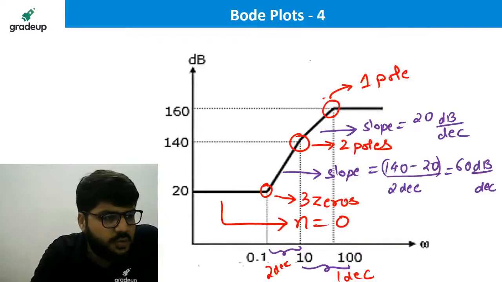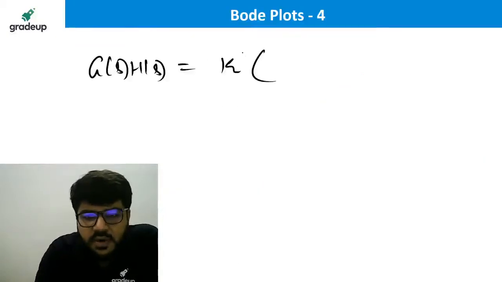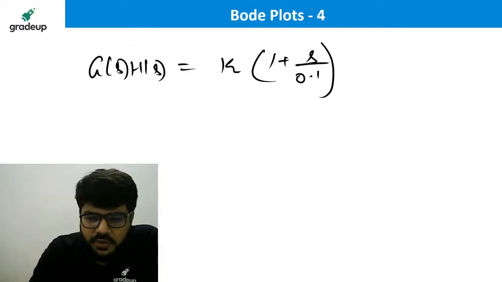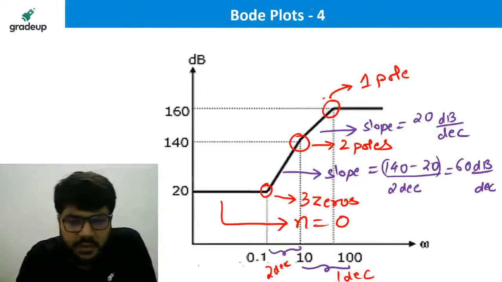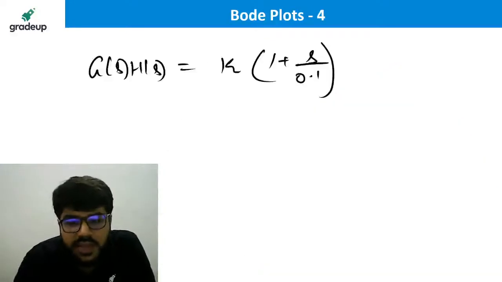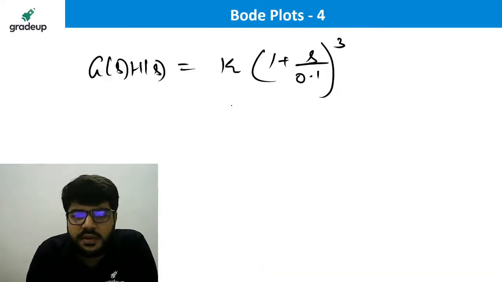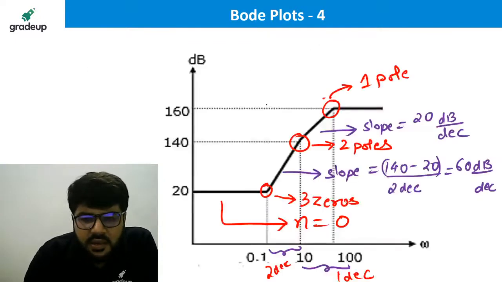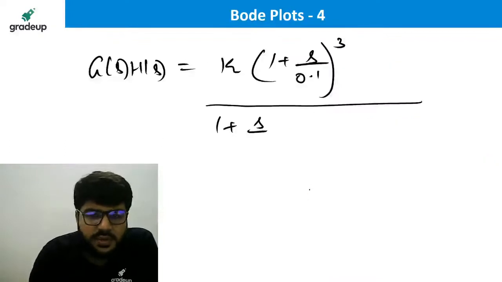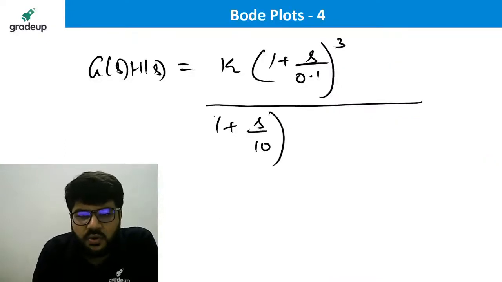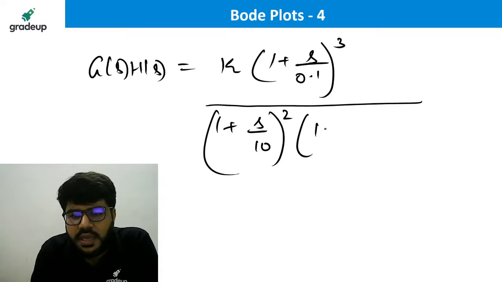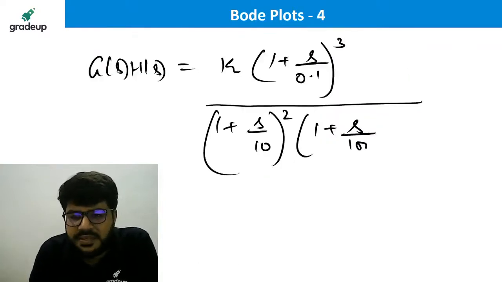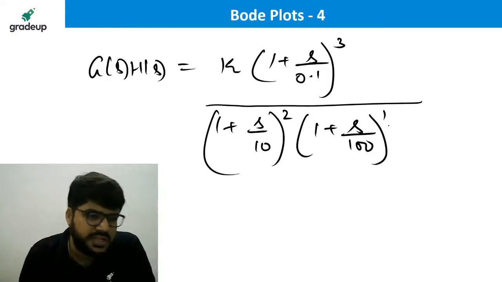There is no pole or zero at origin, so a simple zero with corner frequency 0.1, so T is 1 upon 0.1. 3 zeros make it a cube, divided by 1 plus s by 10 whole square, since the corner frequency of the poles is 10. Then the next corner frequency of the pole is 100, a single pole, so 1 plus s by 100 raised to the power 1.